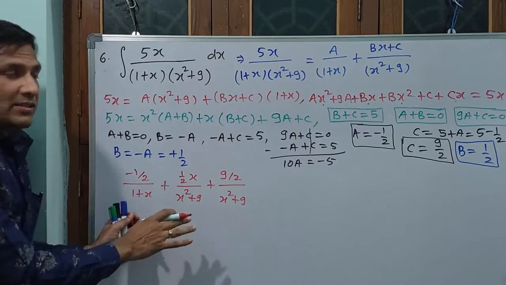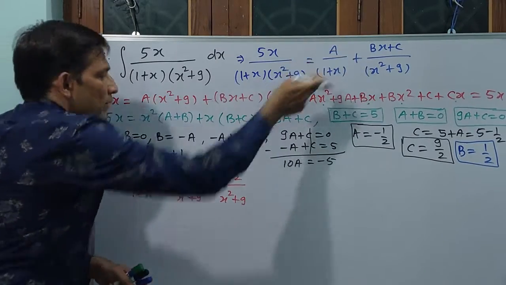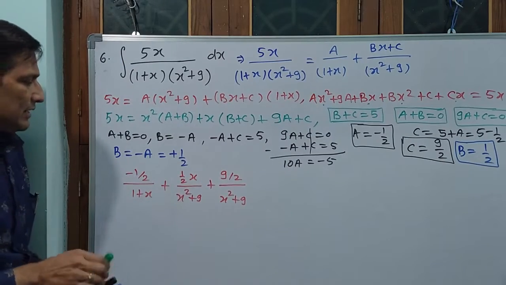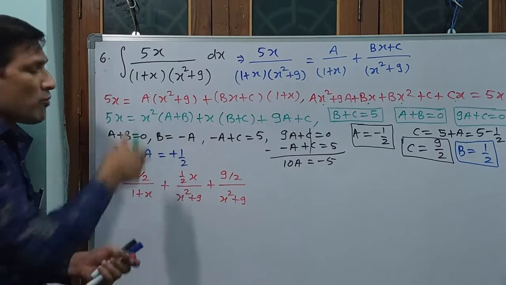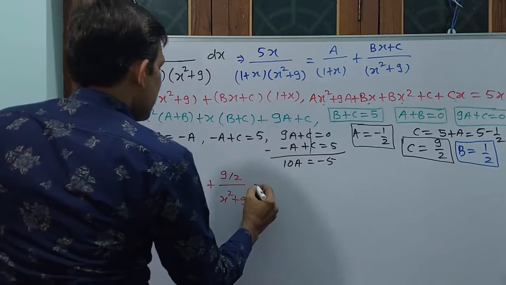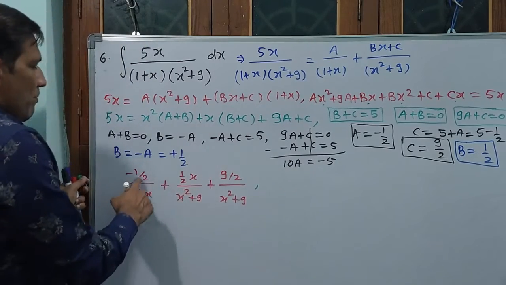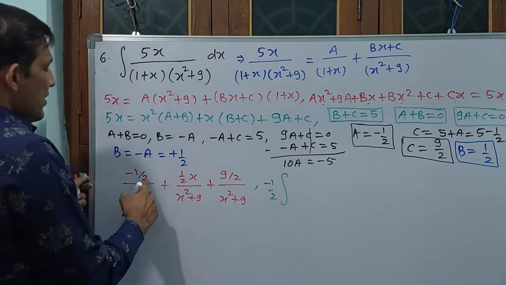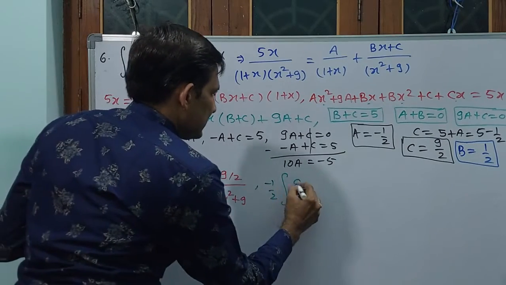See, I have not yet gone integral. I have written only partial fractions. Okay, now I want to go to integral. Is it okay? Definitely okay. Then you go back to integral. See what I am writing: minus 1 by 2 I will take common, integral dx by 1 plus x.